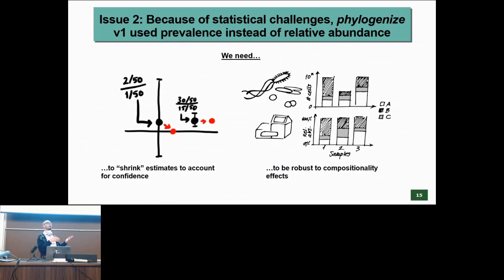You only have relative abundances. And this can give rise to a lot of spurious effects that can really distort the results of these analyses. So we needed to be able to shrink our estimates of the phenotype of interest, and we needed a phenotype that was robust to these compositionality artifacts.